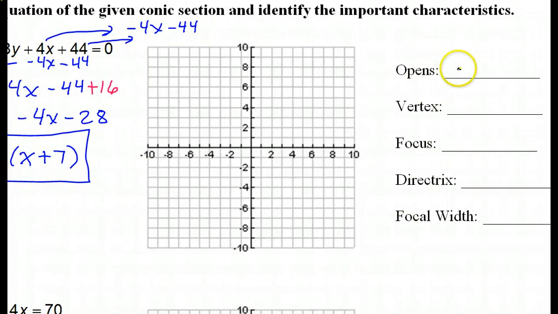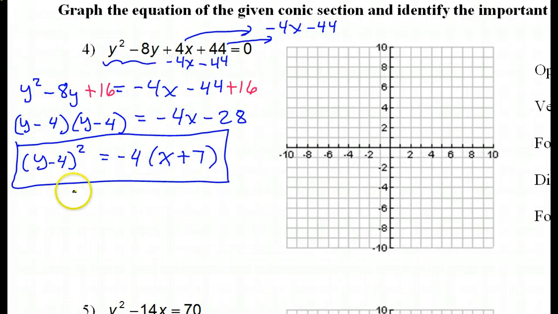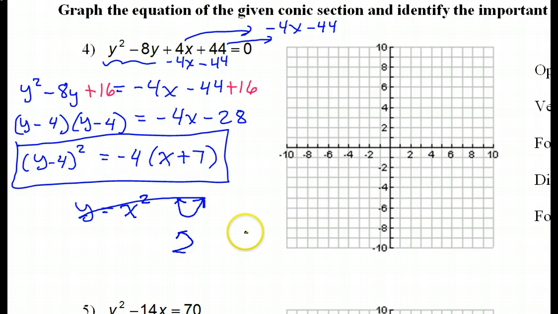First, does it open up, down, left, or right? Well, we know that a normal parabola that we learned about is y equals x squared. We know that's up or down if it's negative. So when the x is squared, we know it's up or down. But here we have the y being squared. If the y is squared, that's when we have a sideways parabola, either to the left or going to the right.